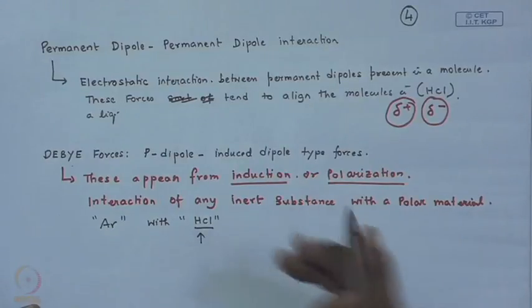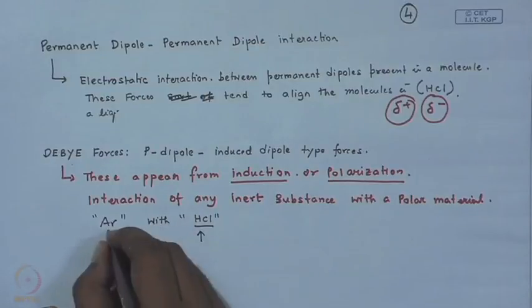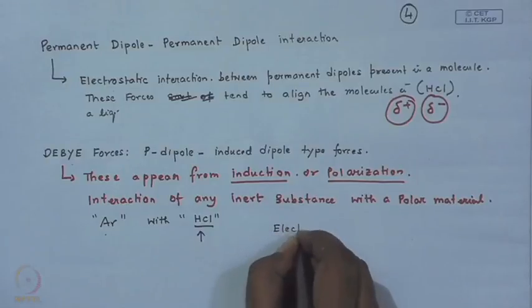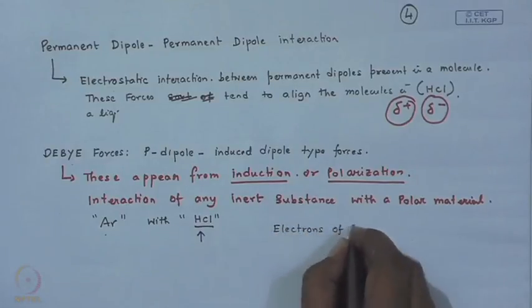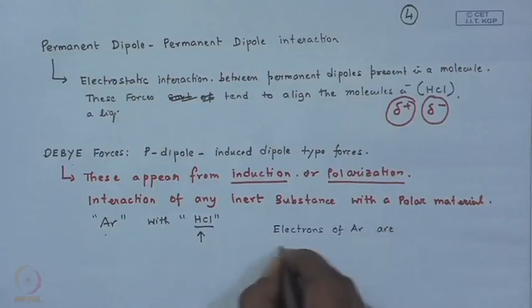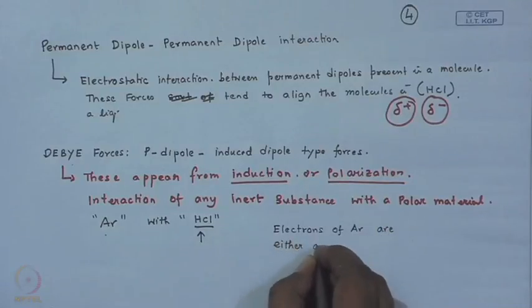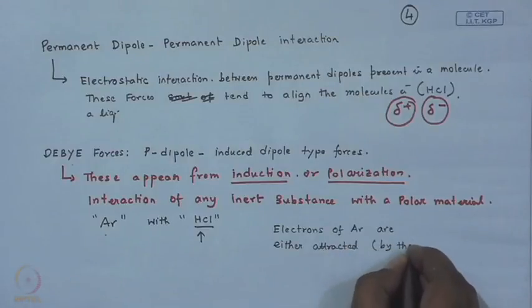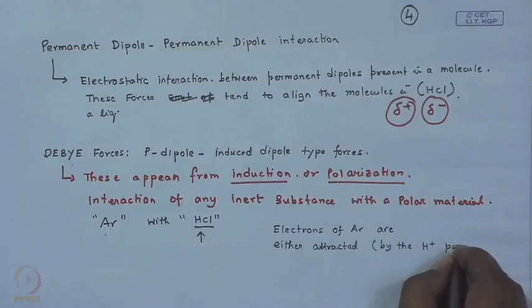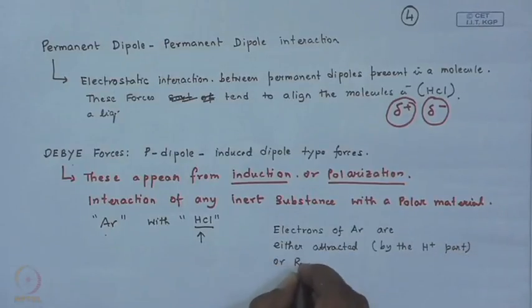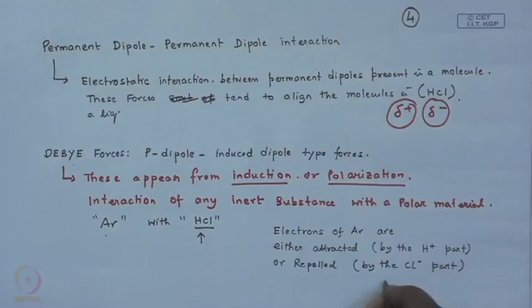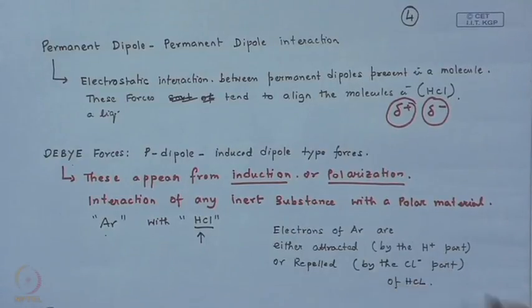So, the electrons of argon are either attracted by the H plus part or repelled by the Cl minus part of HCl.